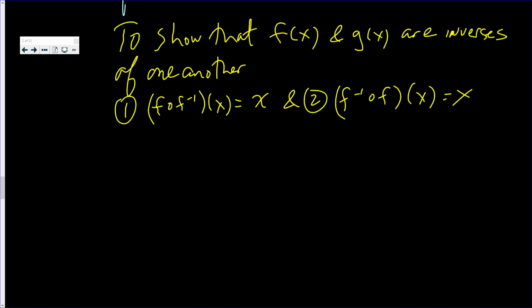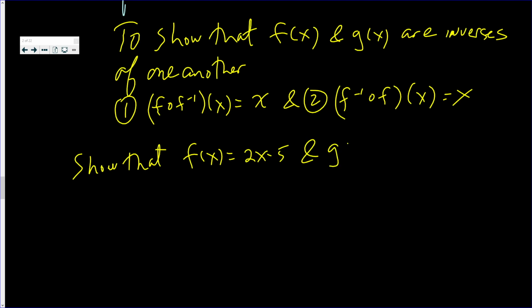Okay, so how would we show that f of x equals 2x minus 5 and g of x is x plus 5 over 2 are inverses?